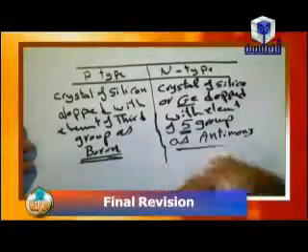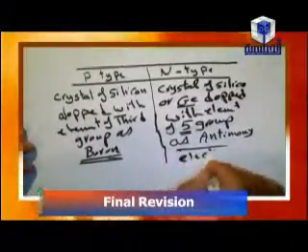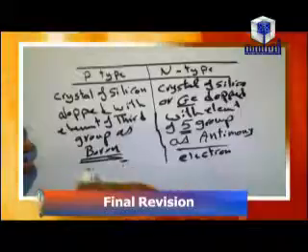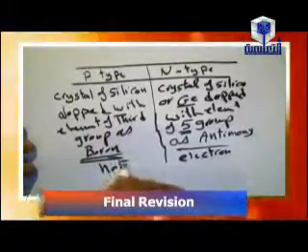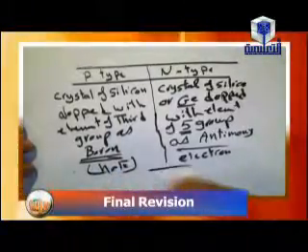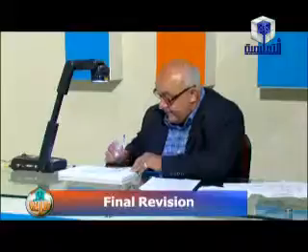In N-type, the charge carrier is electron, and in P-type, the charge carrier is holes, positive hole. The two crystals, P-type and N-type, are neutral, but P-type has negative potential and the N-type has positive potential.